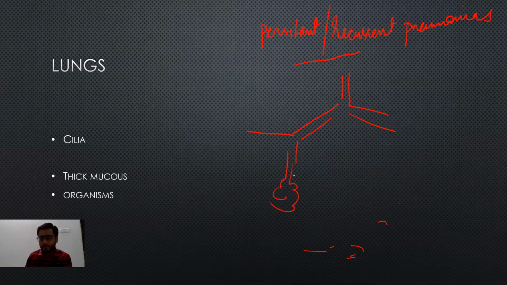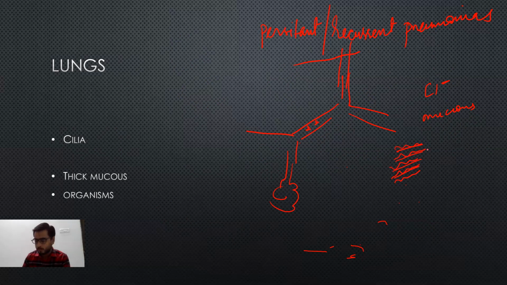So what is happening inside the lungs? These are the airways. In airways, normally there is chloride transport and there is mucus, and we have cilia for this. What are cilia? These are finger-like projections, like hair.